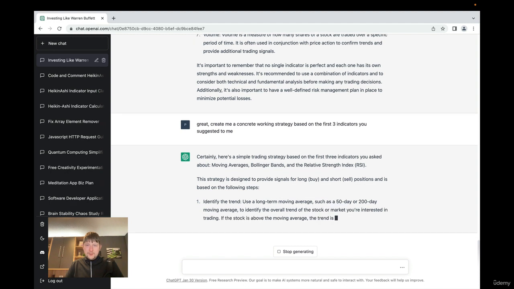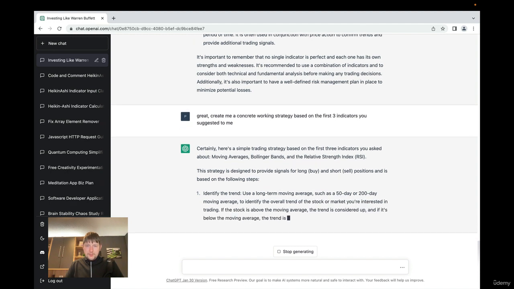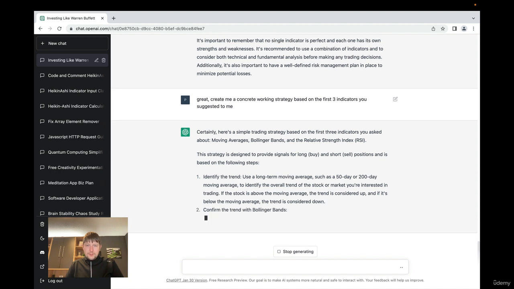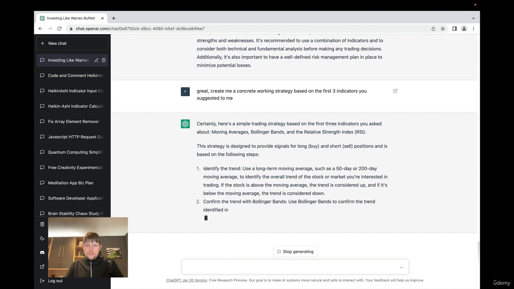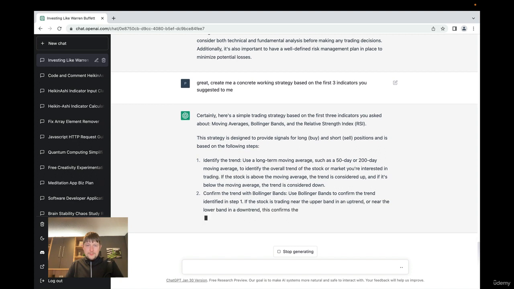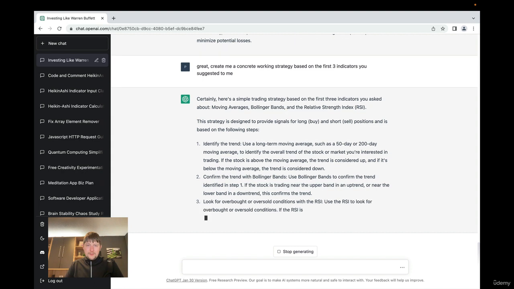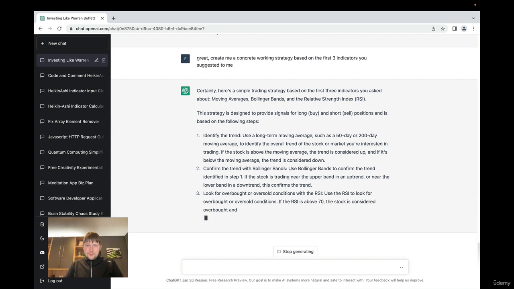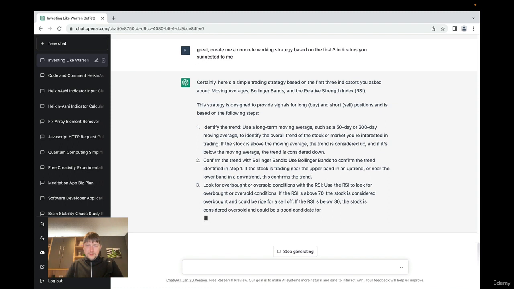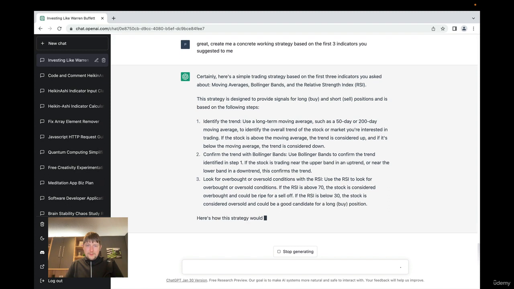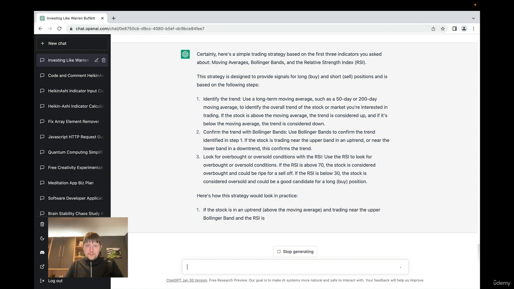So identifying the trend with a short running and long running moving average. Then confirm the trend using Bollinger Bands. And look for overbought, oversold conditions as a last filter criterion to know when the strategy should be executed.